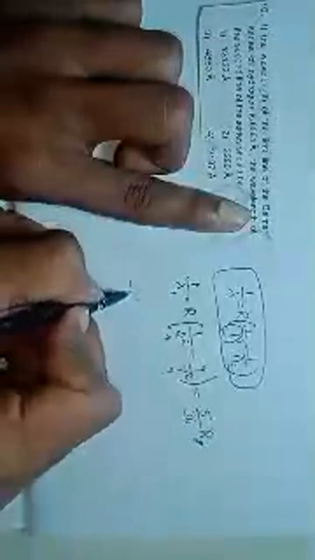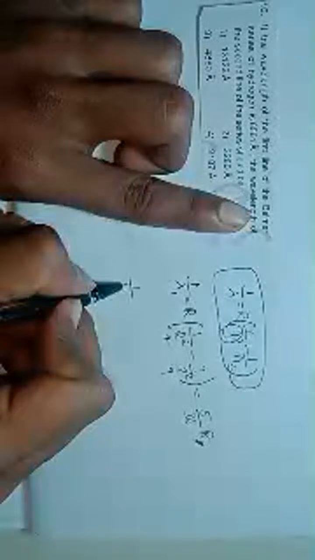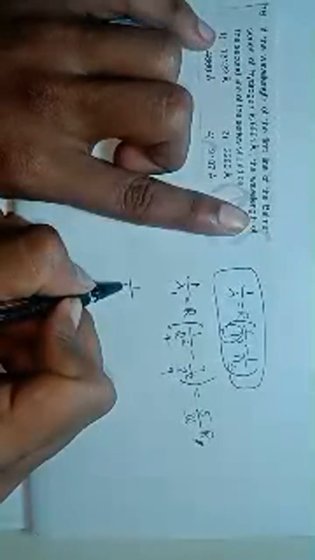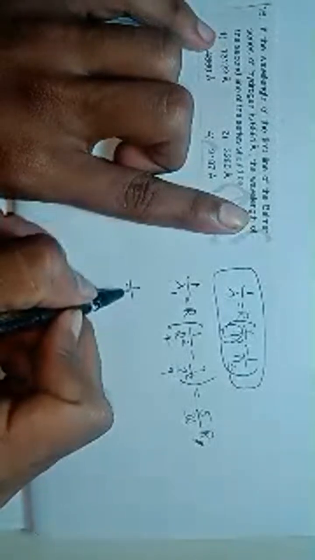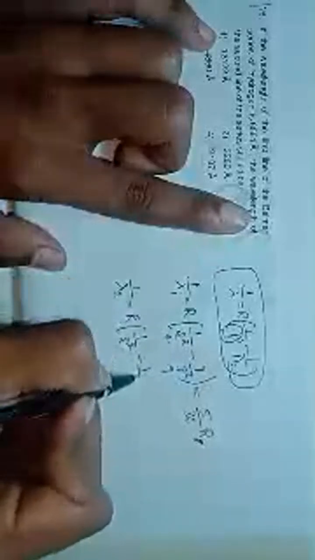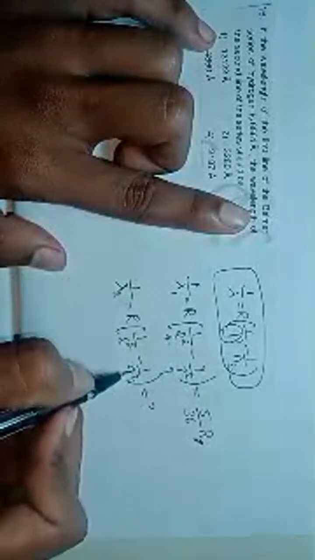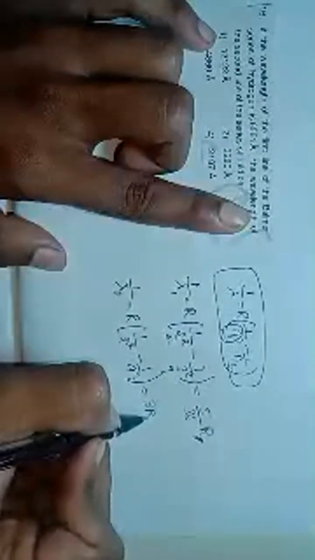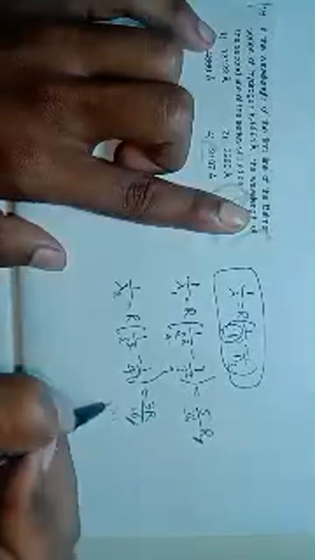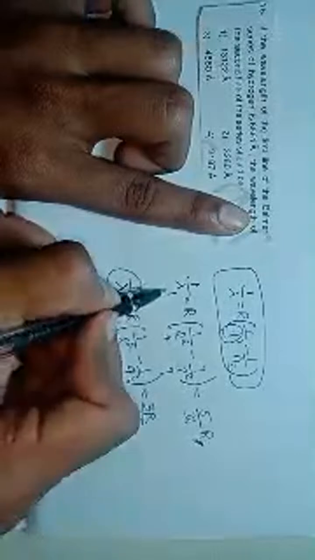Okay, next, to find out the second line, going from 2 to 4, so 1 by lambda 2 is equal to R into 1 by 2 square minus 1 by 4 square. Solve this taking LCM, you will be getting 3R by 16. This is for the second relation, and this is for the first.